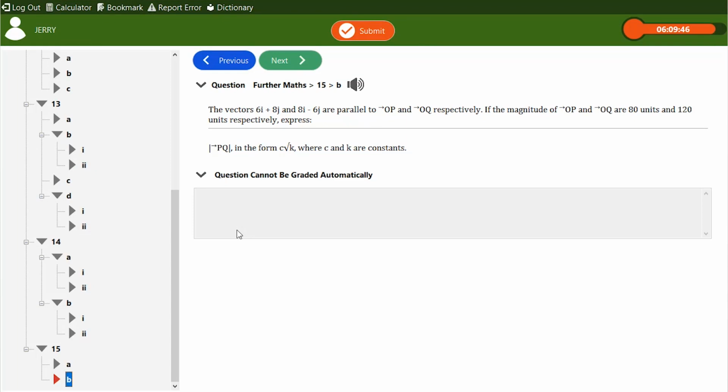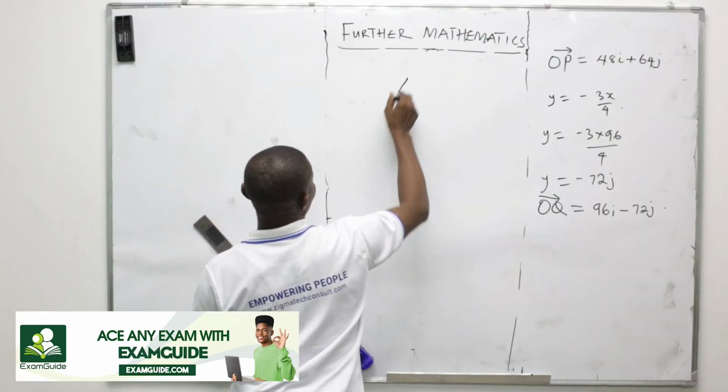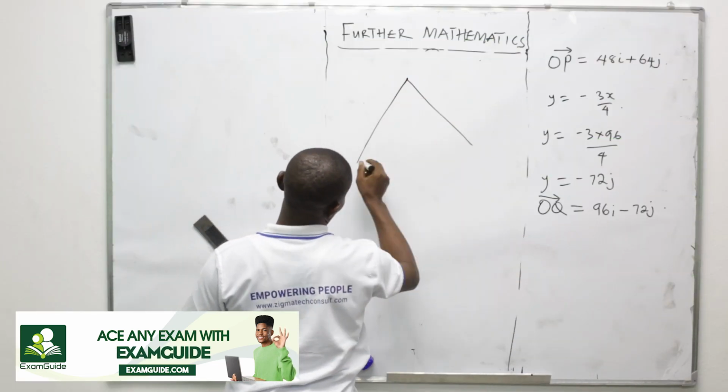So that's the solution. The next one is what? The magnitude PQ in the form c root k, where k and c are constants. Position vector, we must use a triangle to position this vector.